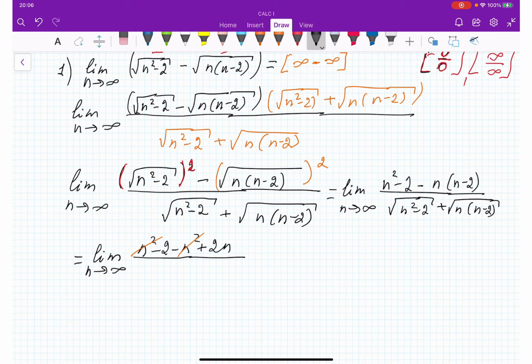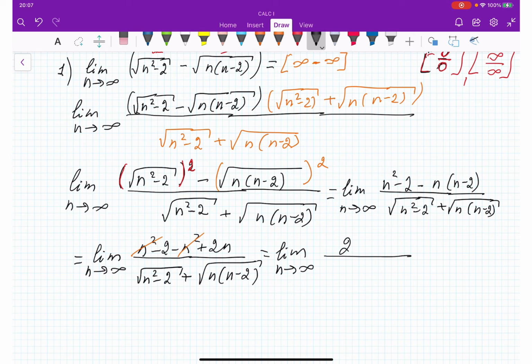And in the denominator, it's the same thing for now: square root of n squared minus 2 plus square root of n times n minus 2. And that is equal to the limit as n approaches infinity of 2n minus 2. Let me take the n out. Let me rewrite it clean so it won't be a problem.